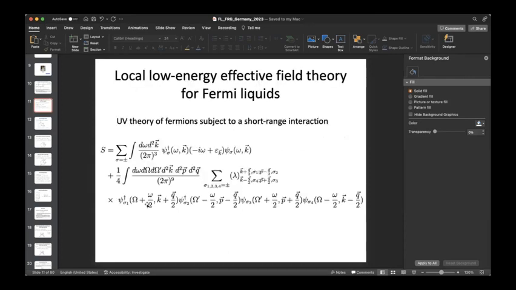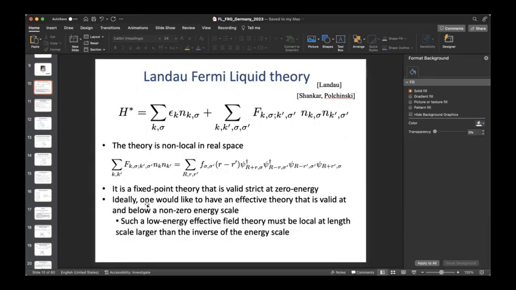Okay. I think this theory alone doesn't even capture the mixing between particle pairs created at different locations on the Fermi surface.